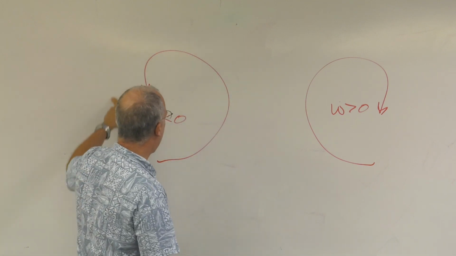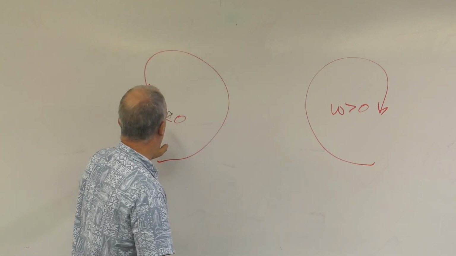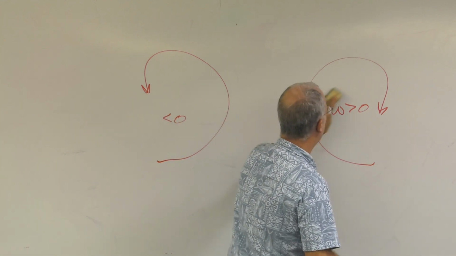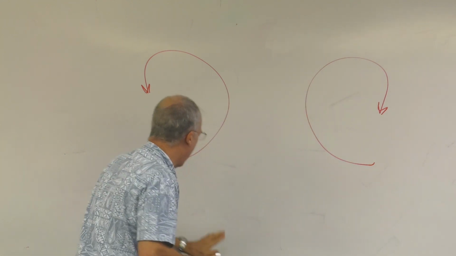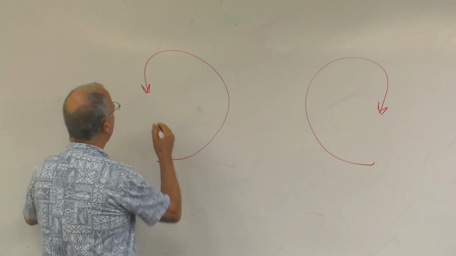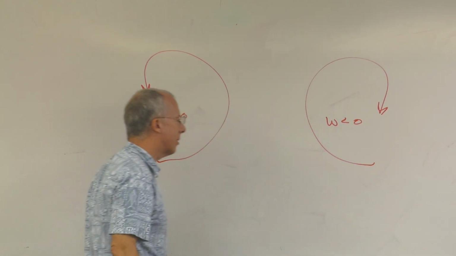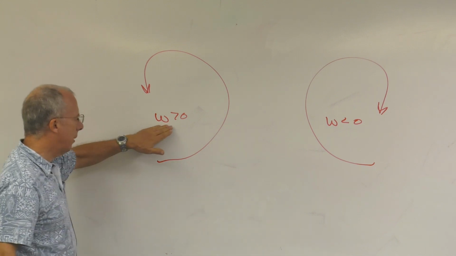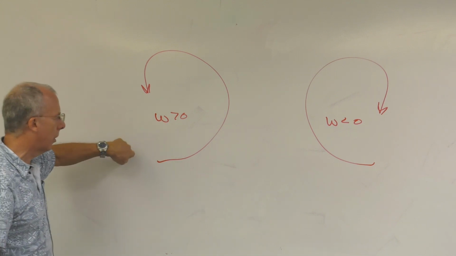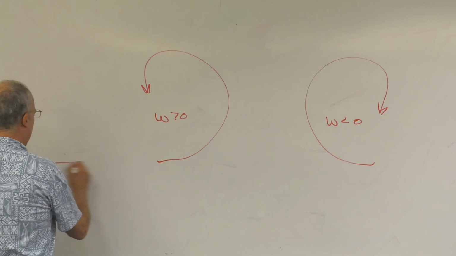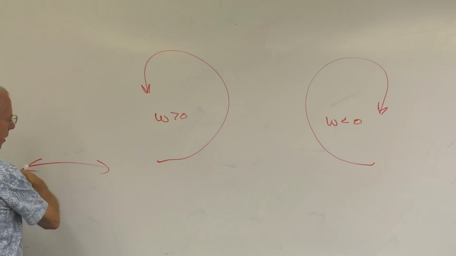Oh my gosh, this is completely wrong. Counterclockwise is positive. Clockwise is negative. I might not have said it with omega, but it's kind of like this: moving to the right is positive, moving to the left is negative.